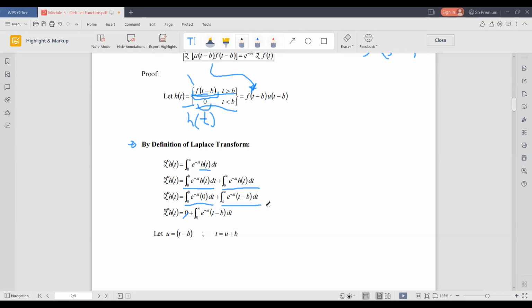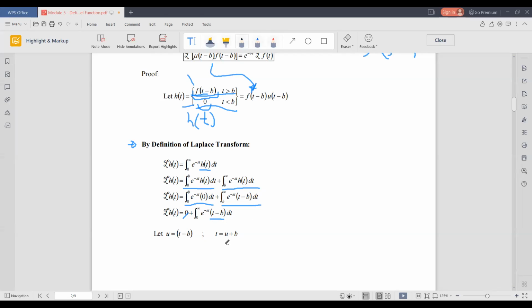Okay, so here we use the integration substitution. So we let u as t minus b. Review nyo yung integral calculus nyo. Okay, so that is t minus b. And then, or we can say that yung t natin is equal to u plus b. Transpose lang.